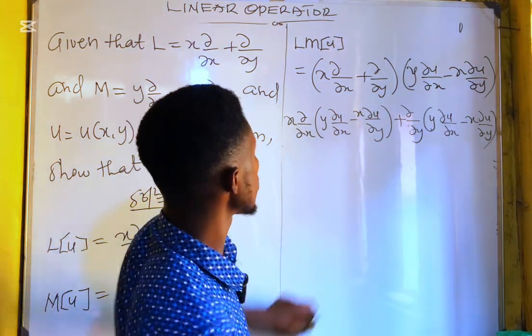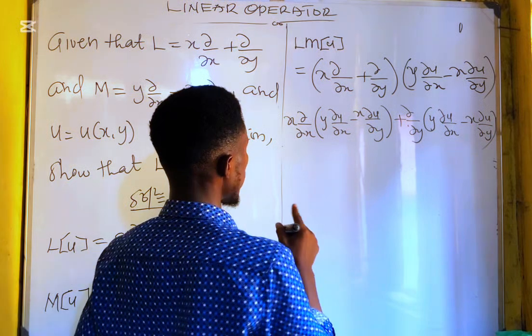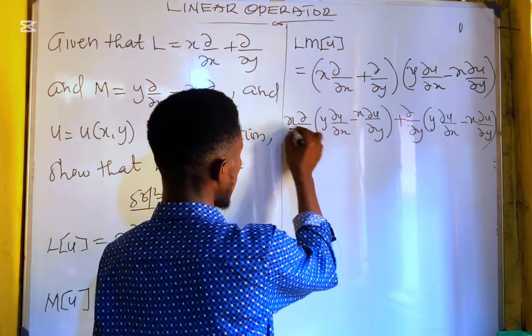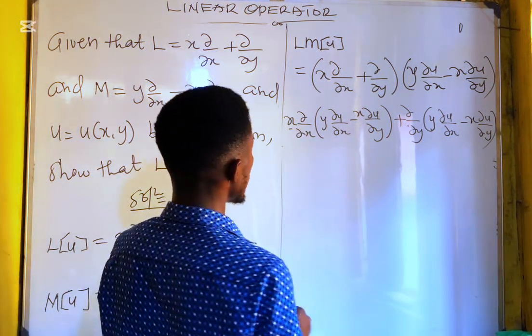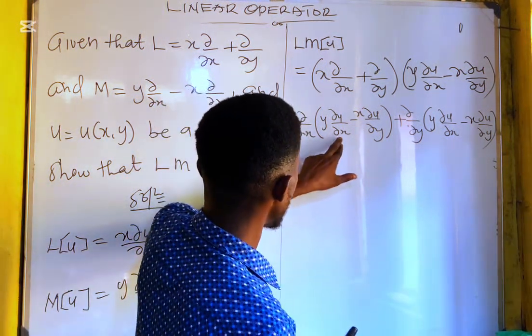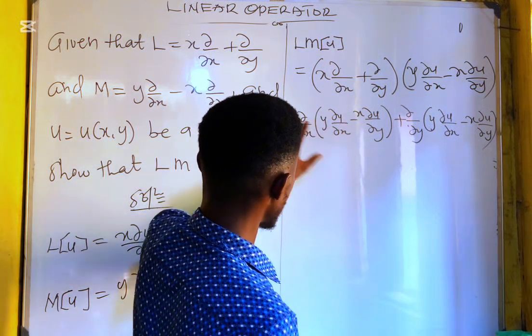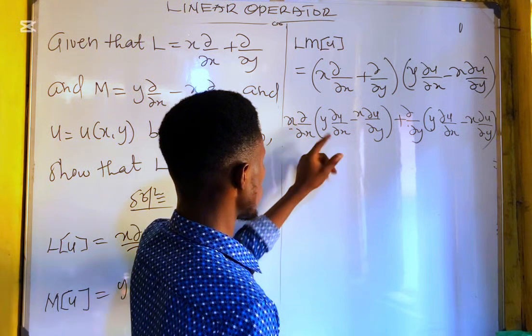So the same thing here, I'm going to differentiate whatever is here with respect to x. And remember, if x is multiplying this, it's like you are using the product rule.